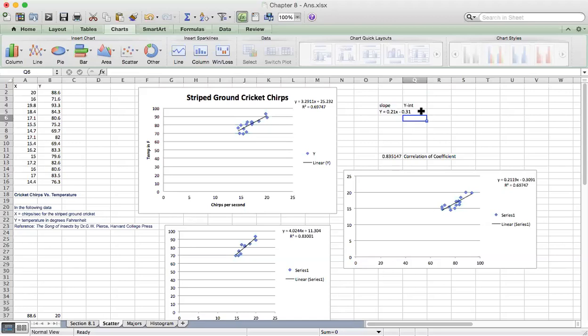It's just a calculation thing, because I can't have a negative chirp, but it basically says, hey, if it's 0 degrees outside, probably not a lot of crickets around right now. So it's okay. And then as my temperature increases, I only have to go above 2 degrees before I start getting positive chirps. And again, probably at 2 degrees Fahrenheit outside, not a lot going on for a cricket chirping either, right?